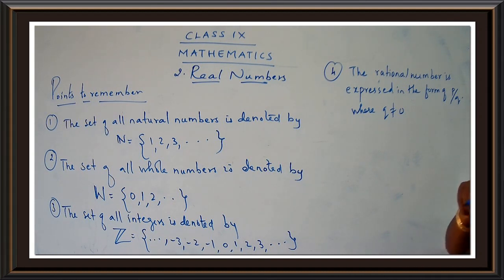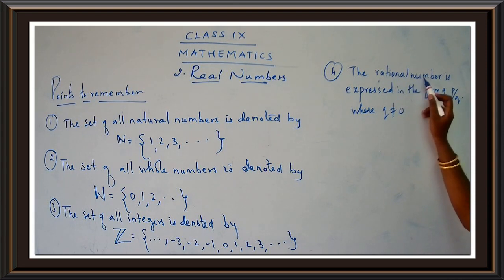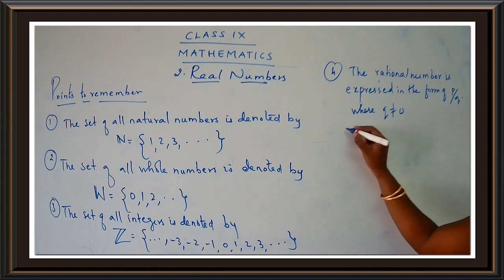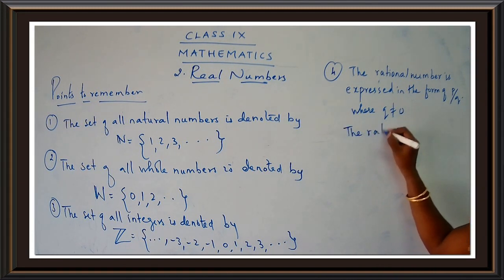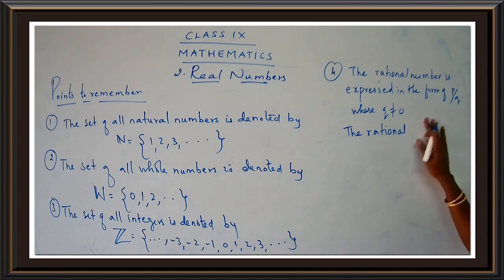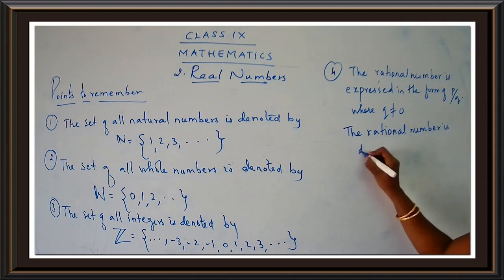And remember one thing, the denominator should not be equal to 0. We should not have the denominator to be 0. Okay. So the rational number is expressed in the form of P upon Q, where Q is not equal to 0.